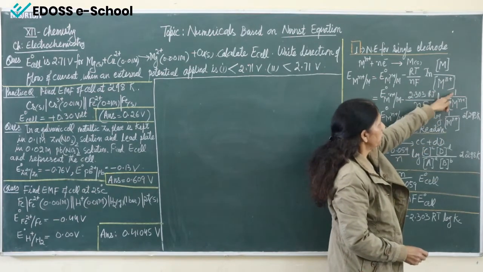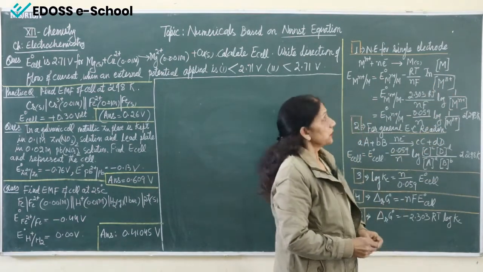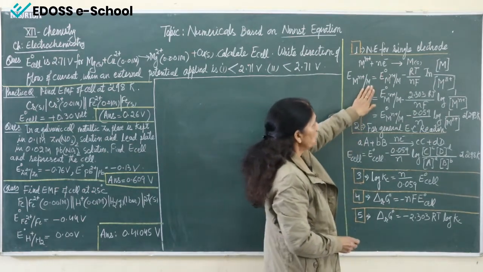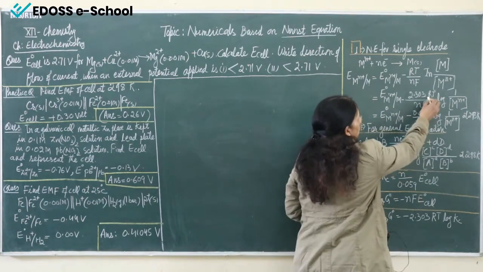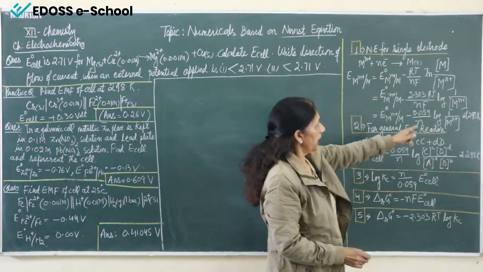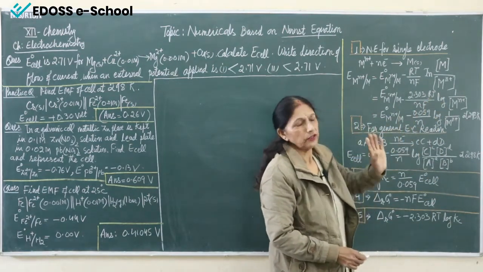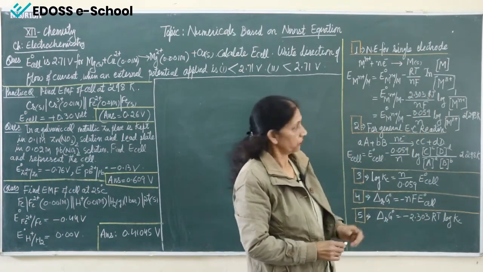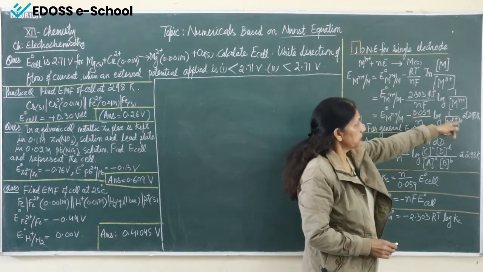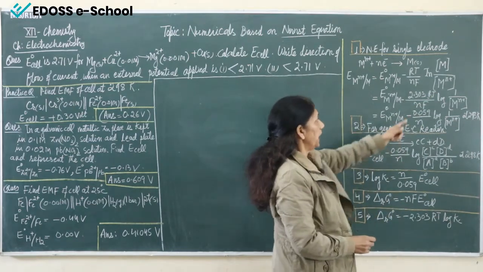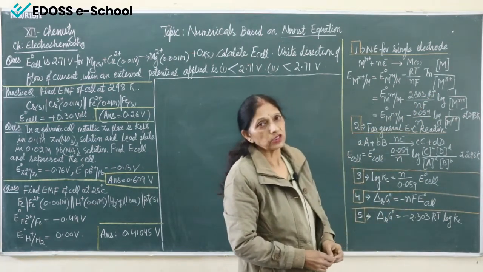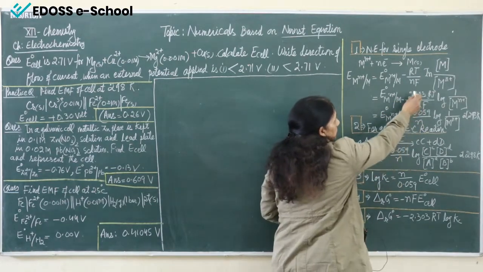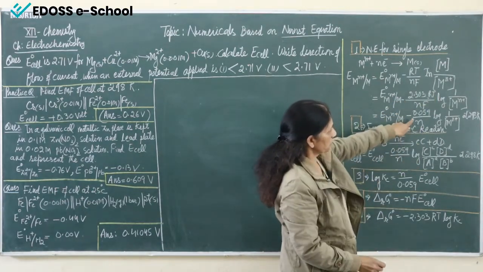Why are we taking 1 here? Because the concentration of a solid is always taken as unity. Now we know that the values of R, T and F are constant here. If you put R as 8.314, temperature 298 Kelvin and 1 Faraday equal to 96500, then after calculating we will get this value.